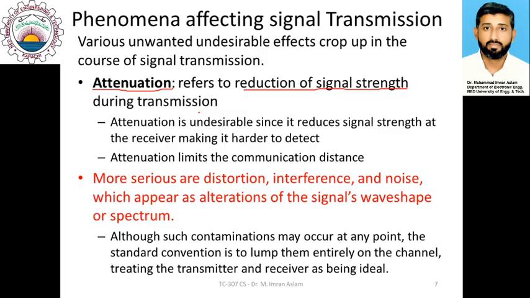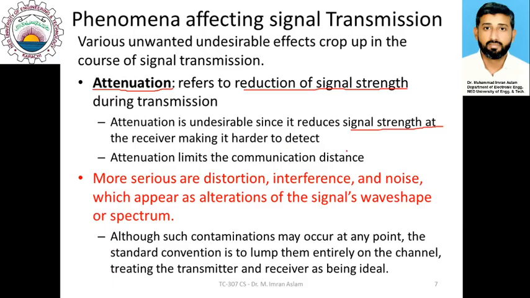Attenuation happens in all types of systems, but of course we do not want attenuation to happen, and we sometimes take some measure, such as amplification, in order to reduce the effect of attenuation. Because of attenuation, the signal strength gets reduced, and it becomes harder for the receiver to detect the signal.